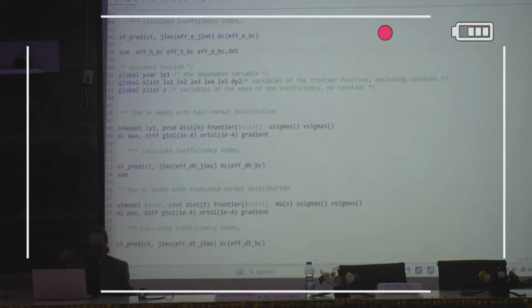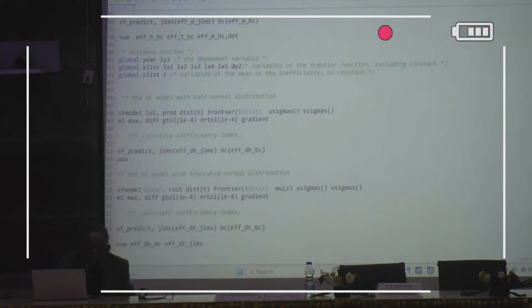But remember, this time when you look at the output, there will be a variable dy2, and there will be a coefficient for that. That is the only difference. You are adding one extra variable in your regression, meaning in your frontier function. And for the efficiency or inefficiency estimate, it's exactly the same.